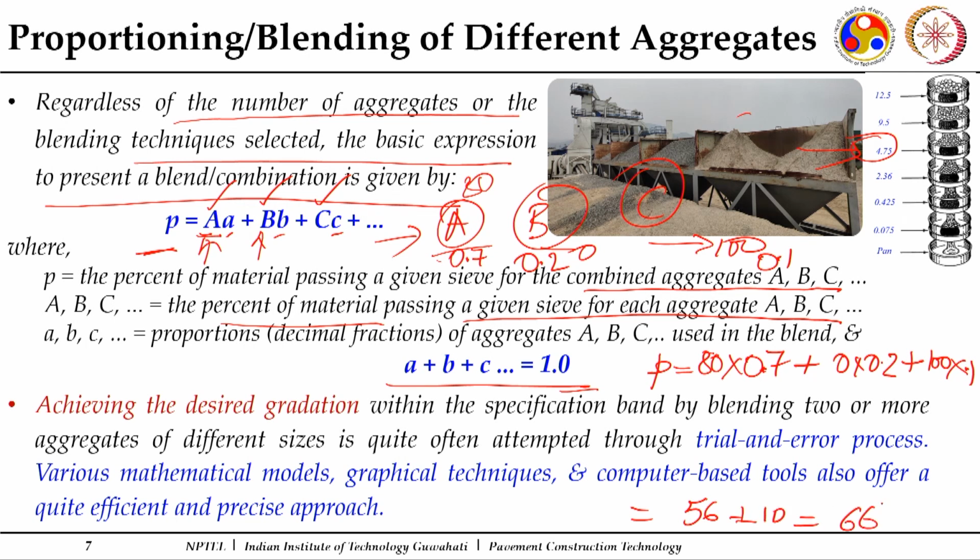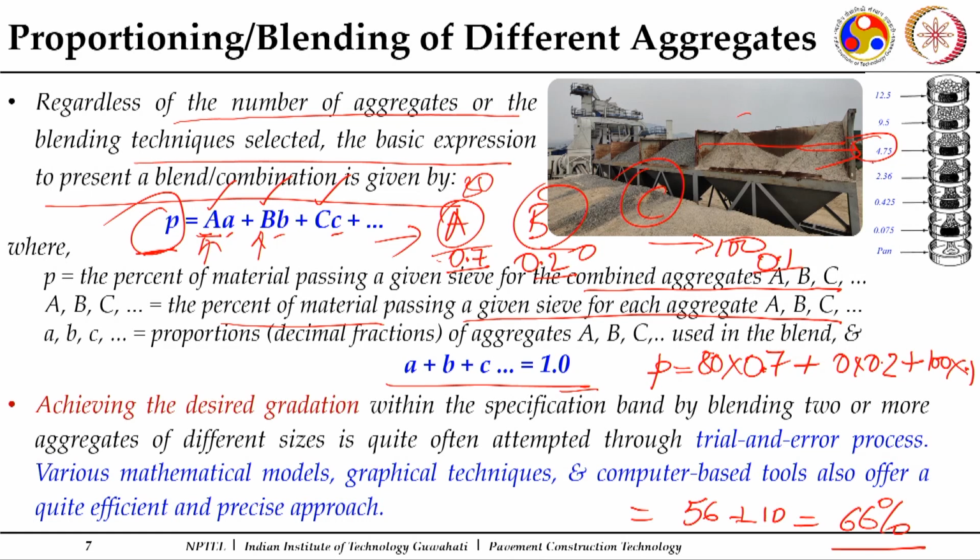So, this makes 66% passing. So, if I combine A, B and C in the proportion of 70%, 20% and 10%, then on this particular sieve, this proportion will give me a material which will be 66% passing 4.75.